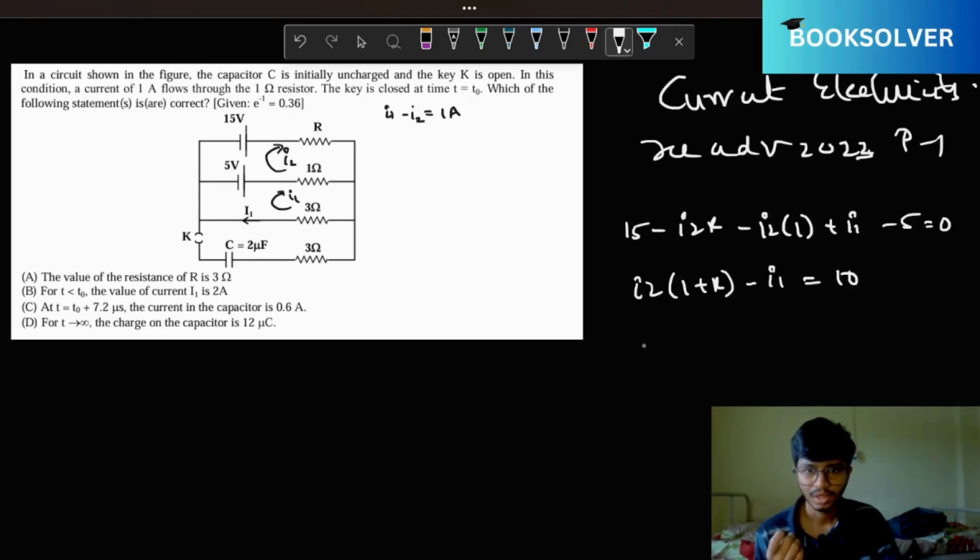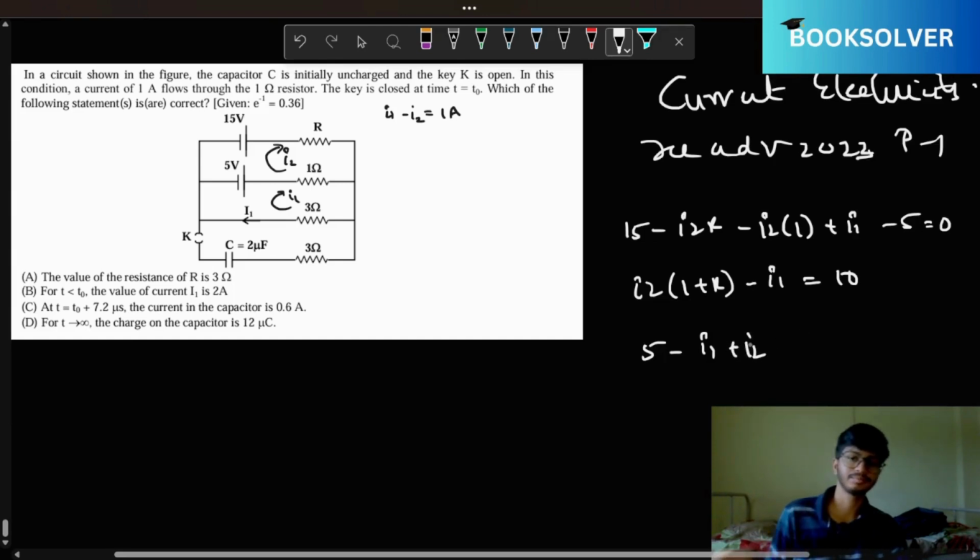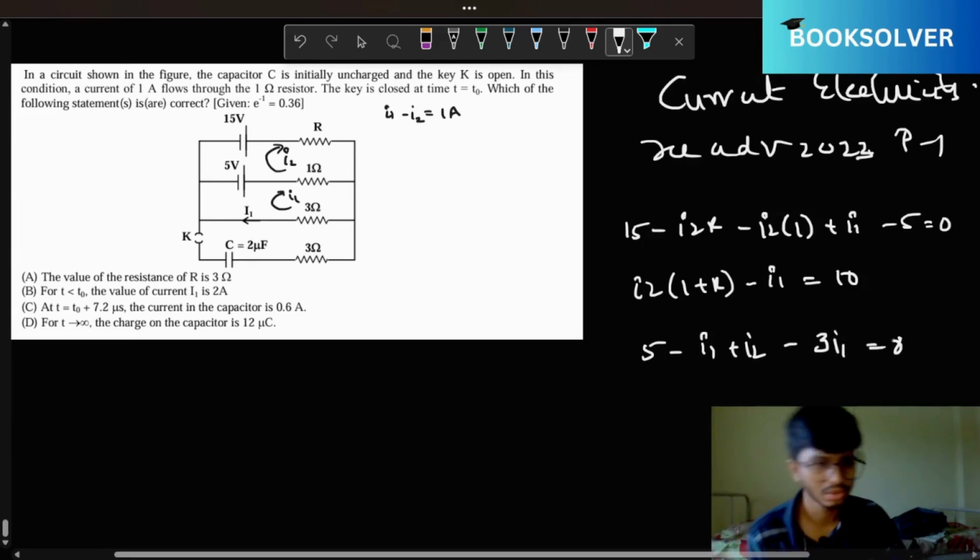Now equation number 2: we'll do mesh analysis on the next loop. That would imply 5 minus (I1 plus I2) minus 3I1 is equal to 0. So basically, I1 is minus of I1, so this is minus 1.